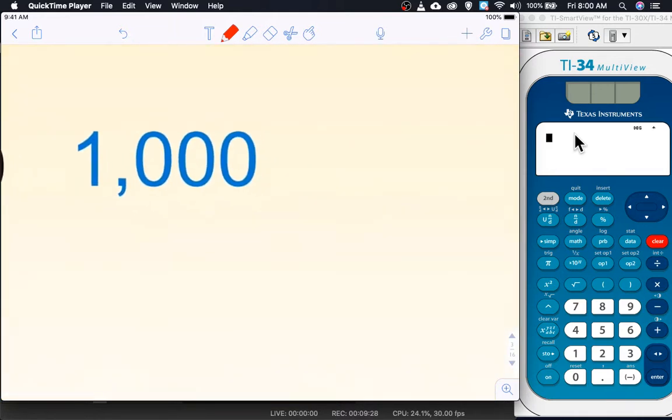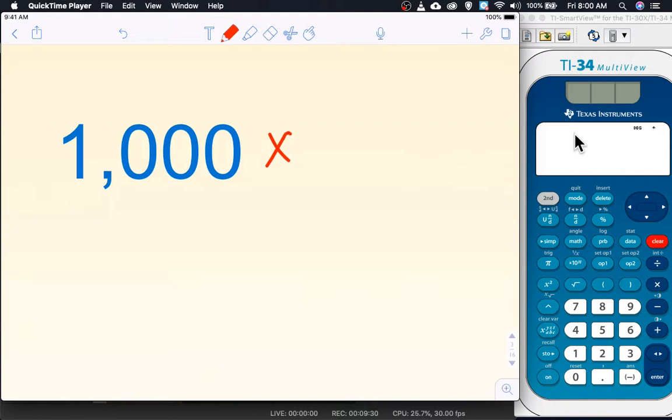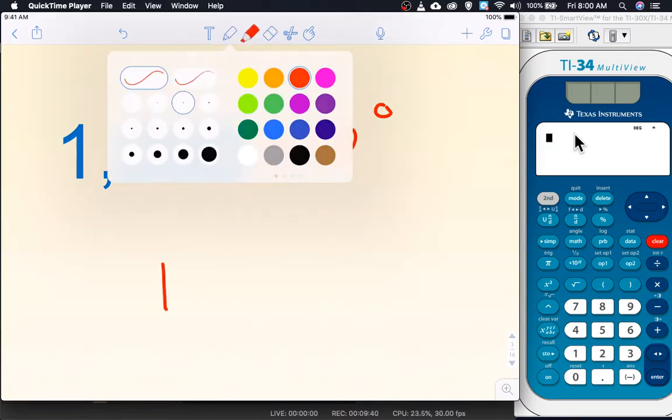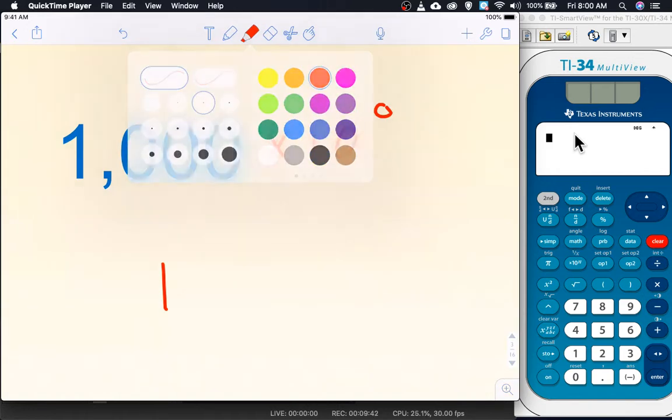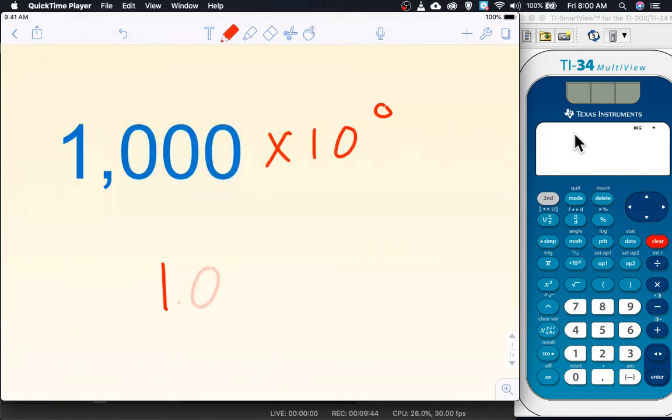All right, letter C. Times 10 to the power of 0. I want this to be a 1.0. We really don't need the 0.0 at all. I mean, we could leave it without it. I'm going to make it a ghost 0.0. Times 10 to what power? Well, this piece got smaller.